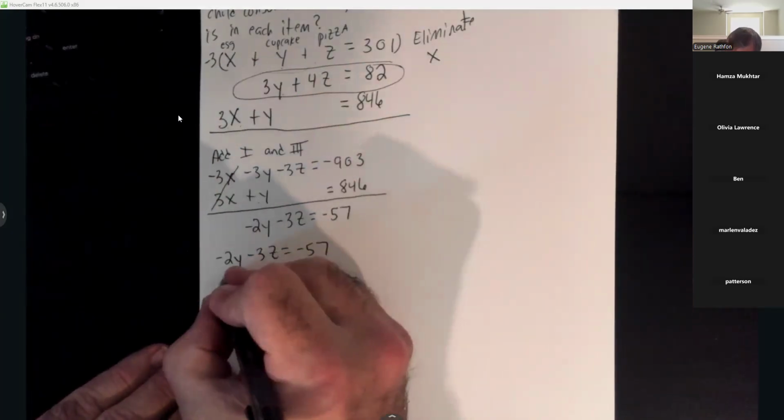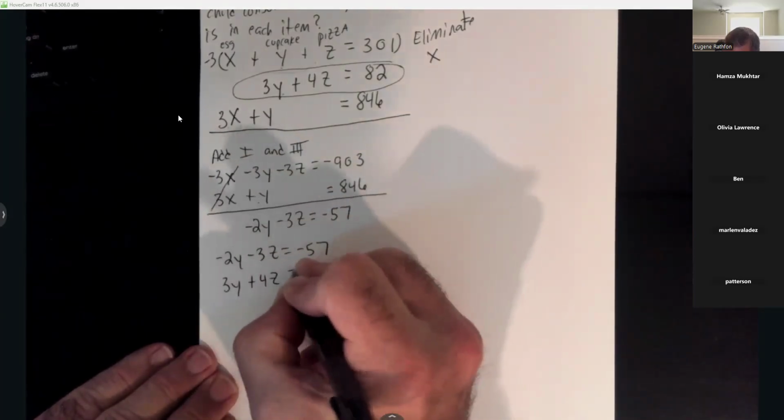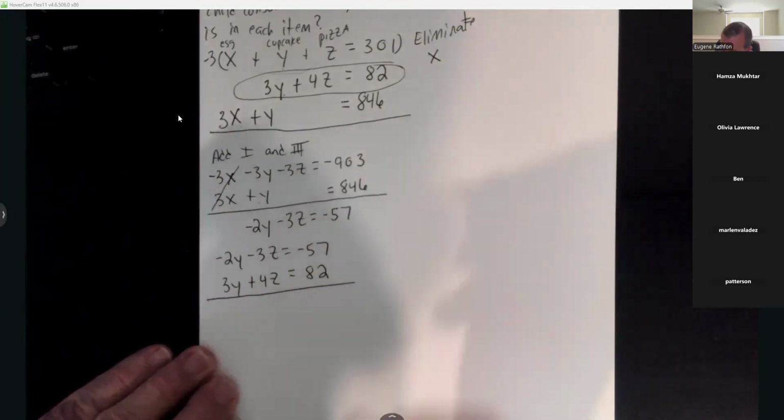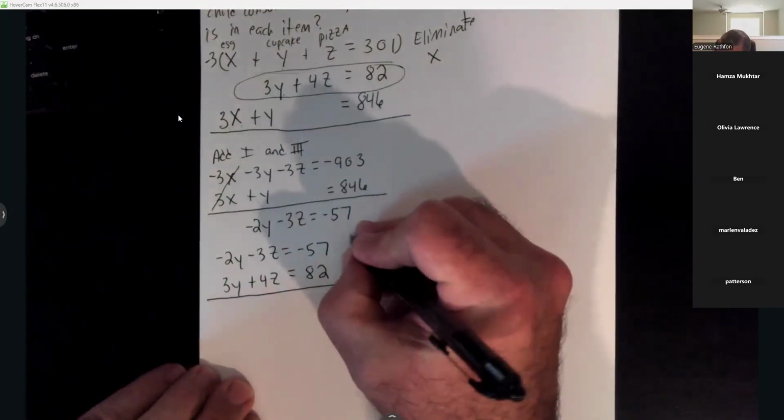We're going to bring down our 3y plus 4z equals 82. So y'all on this, when you got no choice, you're going to have to change both rows in order to eliminate either the y or the z.